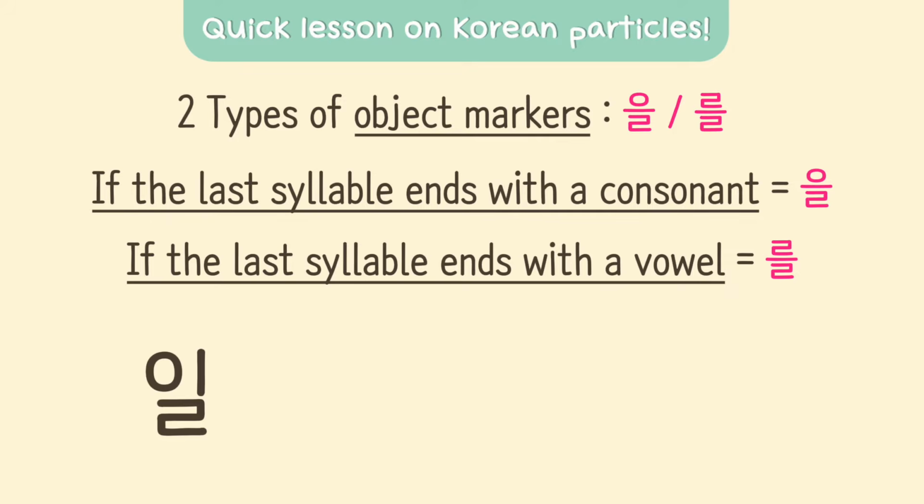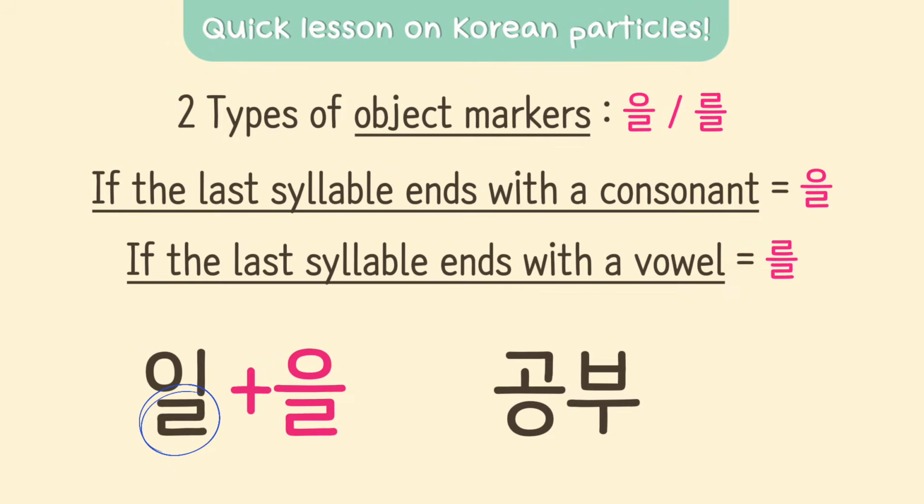The word 일, which means work in English, ends with a consonant, so we use 을. So it becomes 일을. Here's another word. 공부, which means study in English, ends with a vowel, so we add 를. So it becomes 공부를.